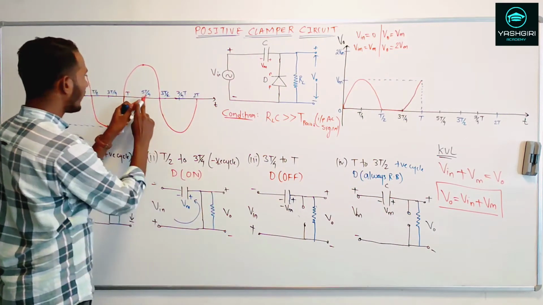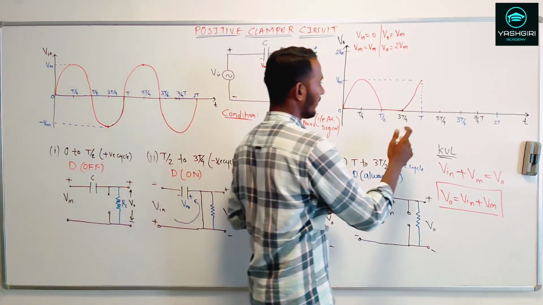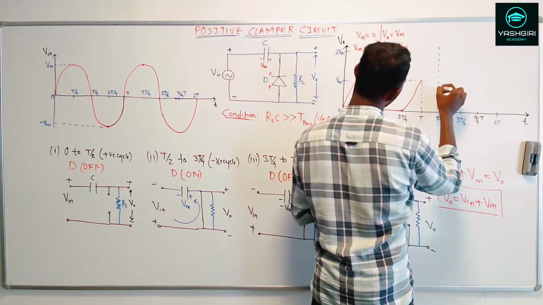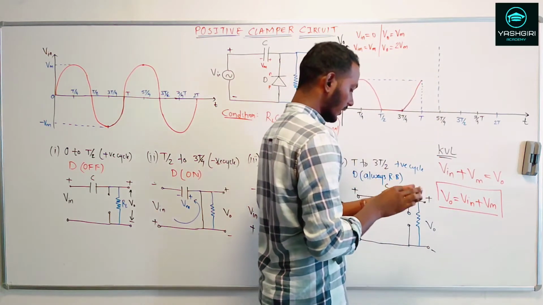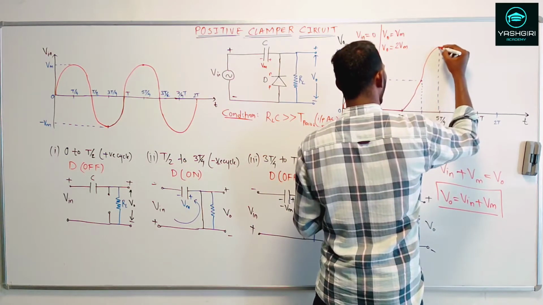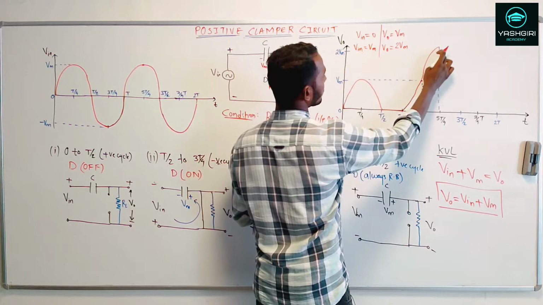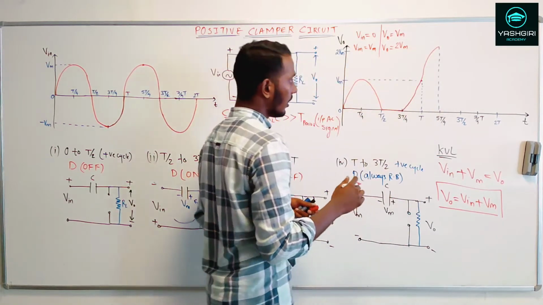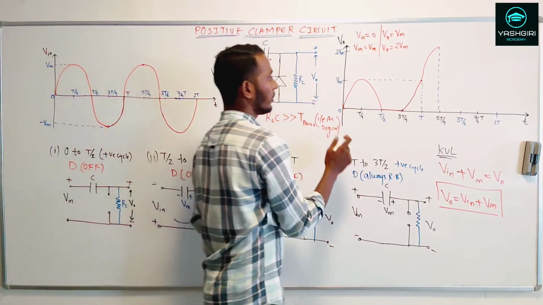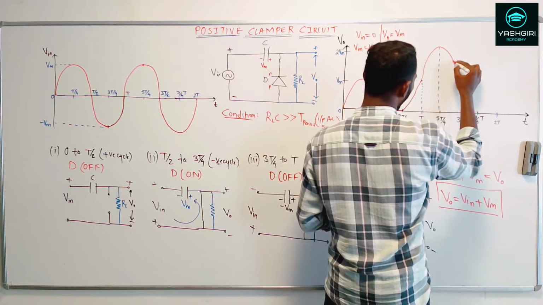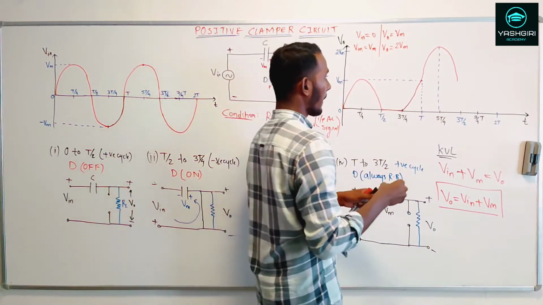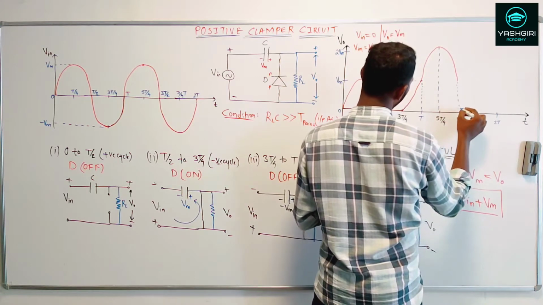That is happening at pi t by 4, so here for pi t by 4, I'll get the voltage equal to twice the Vm. Now once again at 3t by 2 it's coming to 0. So again when V input is equal to 0, the output is the same, Vm, at 3t by 2.